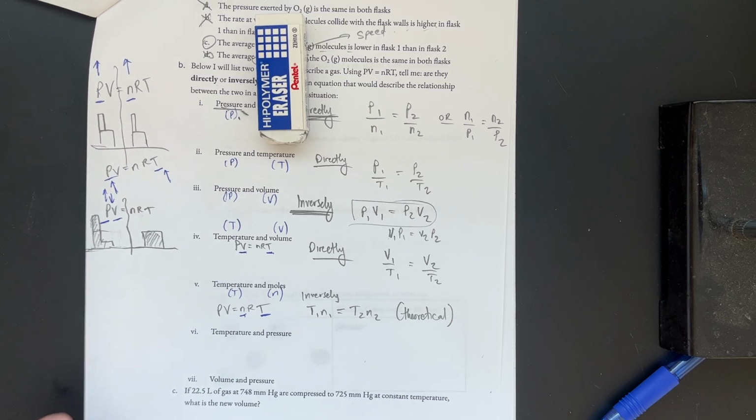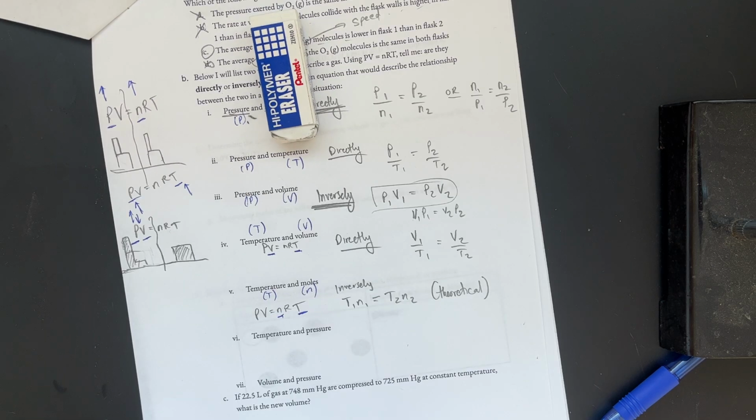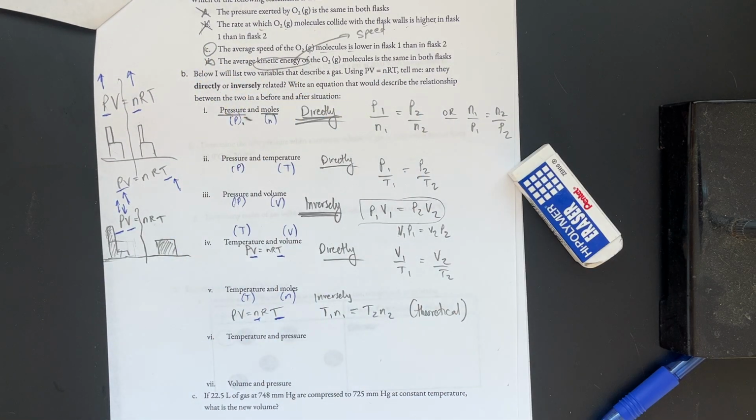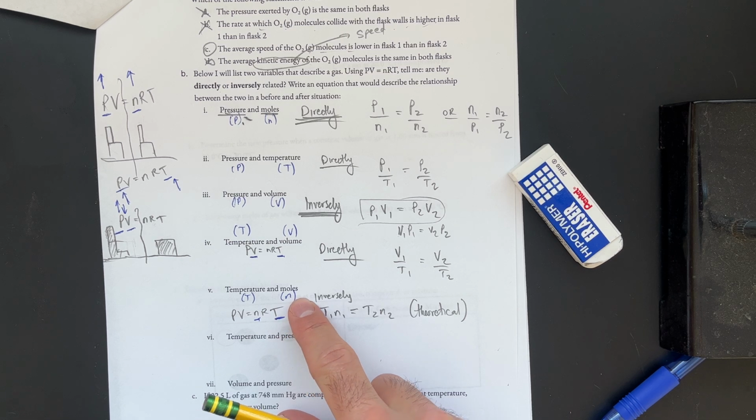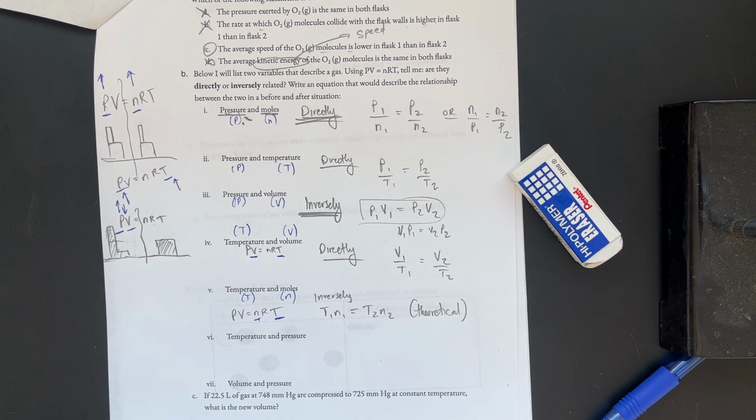Someone actually asked me this today in class, and so that's why I put this on here. If you think about it, temperature and moles actually aren't related to one another. It's a little bit more complex than this, more than we'll get into in an introductory high school chemistry class. But basically, moles is what we would call a fixed parameter here. It's not exactly the same thing as R, where R is a constant, but moles is more of a fixed parameter. It's not a freely floating variable.